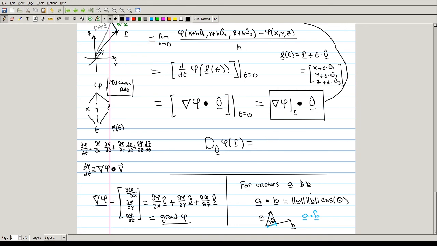Or in terms of this direct formula, it is the magnitude of the gradient vector at the point R, multiplied by the length of the unit vector u hat, but because u hat is a unit vector, that's just equal to 1, multiplied by cosine of theta.